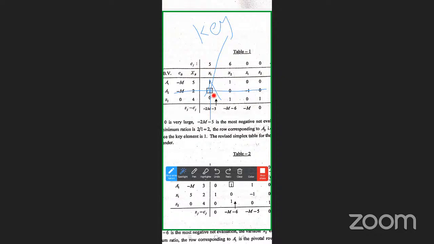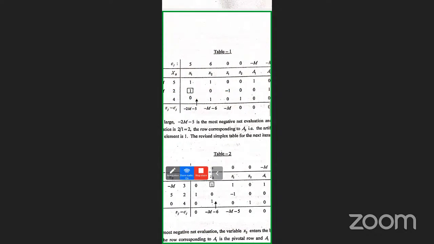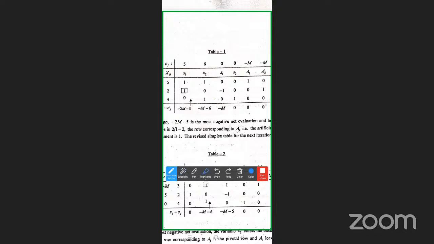So this is the key element. A2 is eliminated. A2 is the outgoing vector, X1 is the incoming vector. So A2 is replaced by X1.